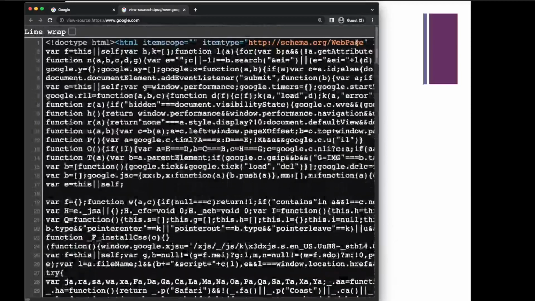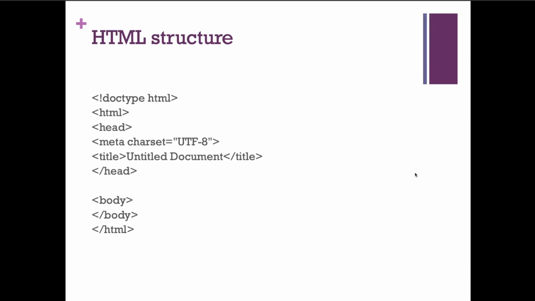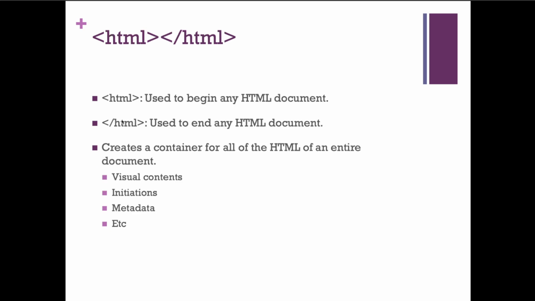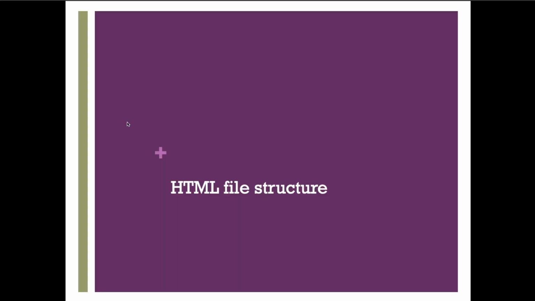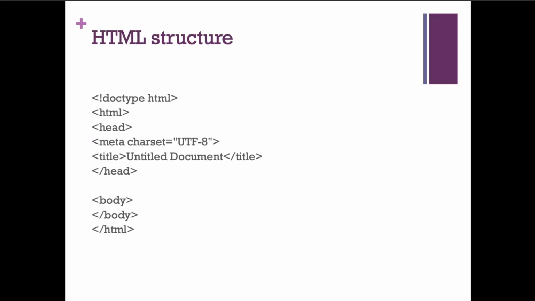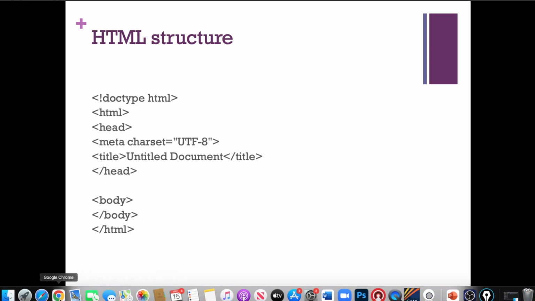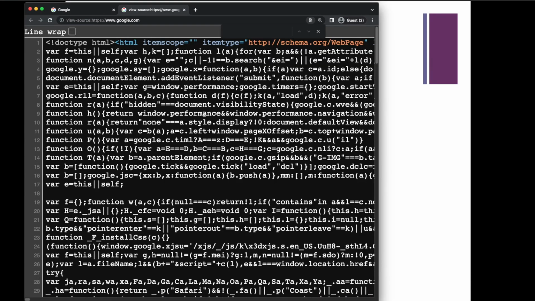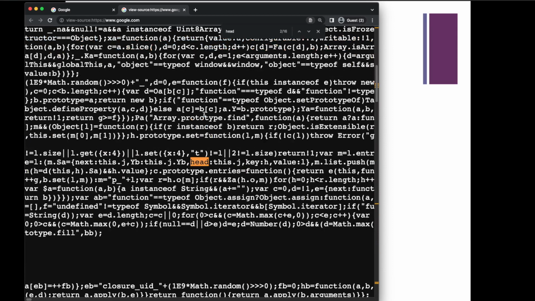So let's look for a body. Oh, sorry. So let's look for head here. There is a head here. Where is the head of this? We call it a tag. Where is a head tag? So I'm going to type HEAD.